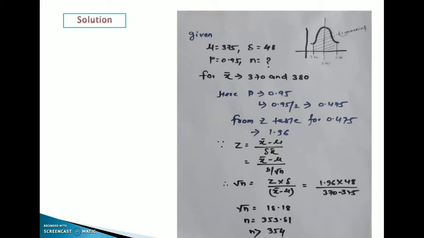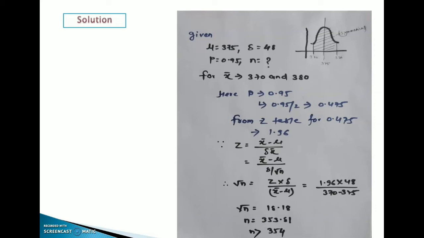Here a normal distribution is being talked about, and in a normal distribution the population is always considered. So here the population mean mu is 375, sigma is 48, and the probability is given as 0.95.